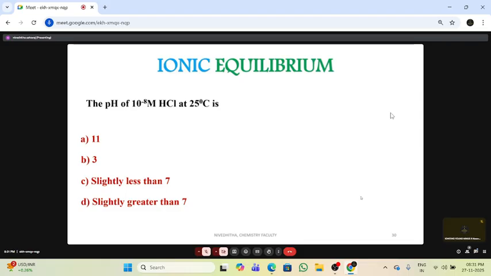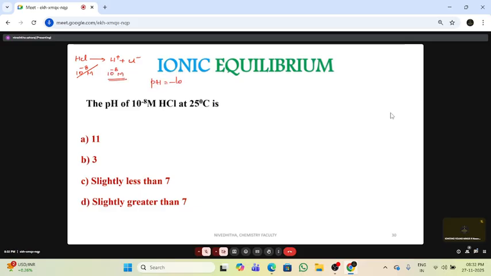Even though the concentration is less, we cannot tell it will be base, right? Normally, HCl is a strong acid. Upon complete dissociation, we end up with H plus ion and Cl minus ion. Here, the concentration of HCl is 10 power minus 8 molarity, so upon complete dissociation we get 10 power minus 8 molarity as H plus ion.